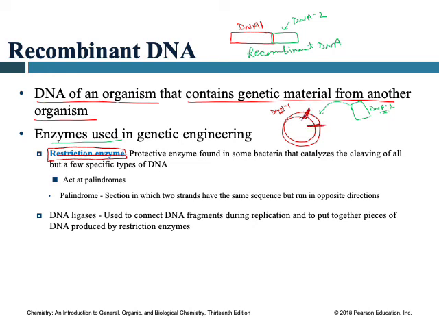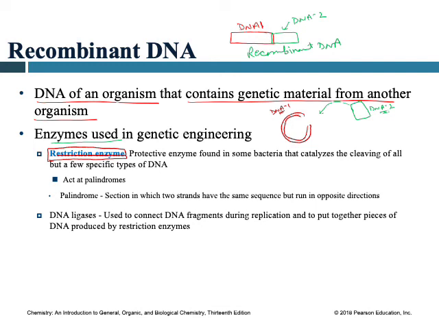So once they cut using a restriction enzyme, you will get this kind of DNA with a space provided, because this region of DNA that has been cut by the restriction enzyme is removed.